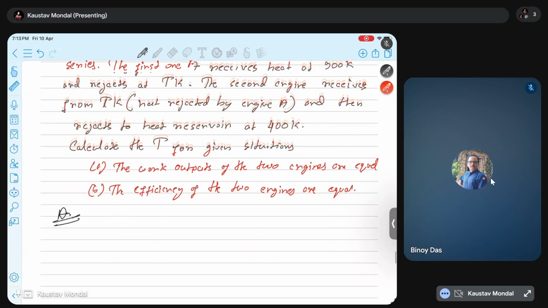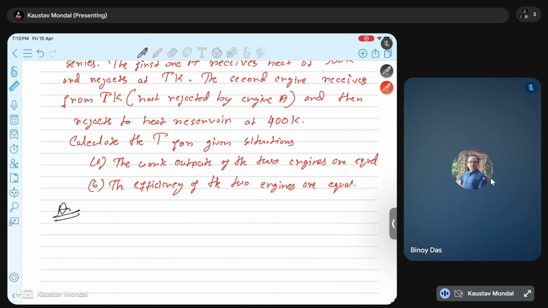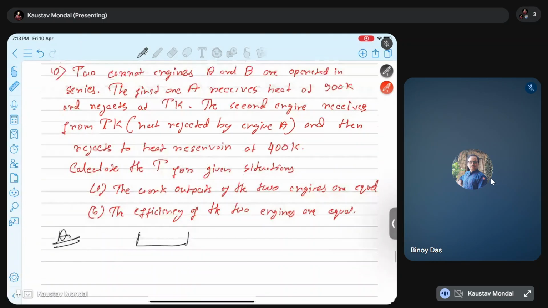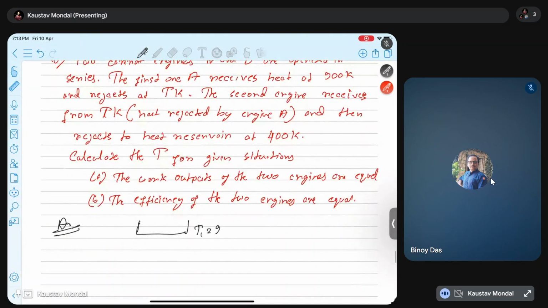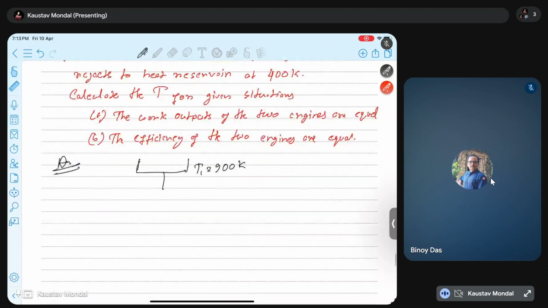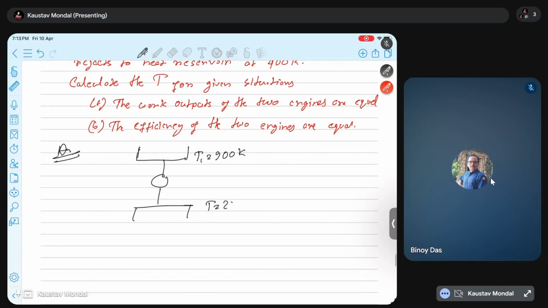So for these two cases, first the work outputs are equal. So what is the work done for machine A? It's basically how the machine is working. It's pulling heat from a reservoir at T1, 900 Kelvin, and dumping it into a reservoir with unknown temperature T that you have to find out.